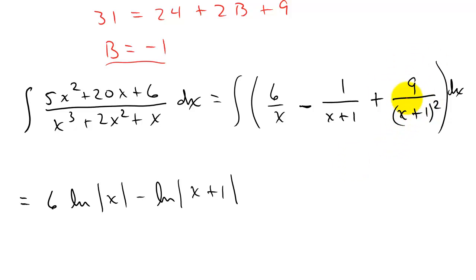What you'll do is take this term and rewrite it as 9 times x plus 1 to the negative 2, and then let u equal x plus 1. So du would be, what's the derivative of x? It's 1 times dx. And of course you would bring the 9 out and just use the u substitution.